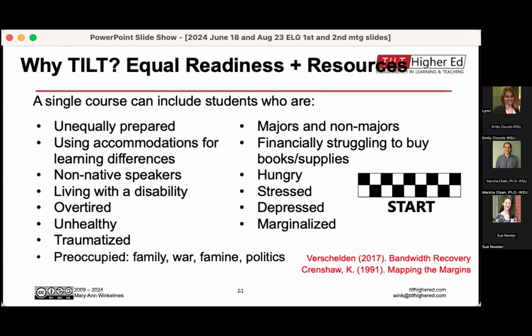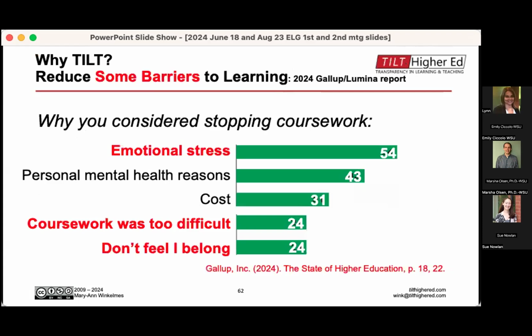And they will show you exactly which are the barriers that are creating an unfair situation for the different students in your course. Or if it's a one-on-one consultation with an advisor, they'll show you what barriers are in the way, and Tilt can help you clear away some of those barriers.